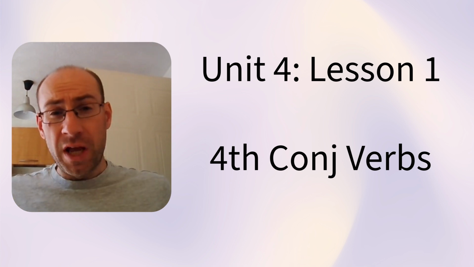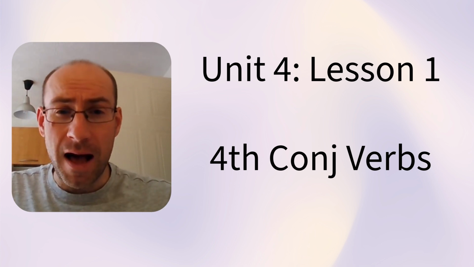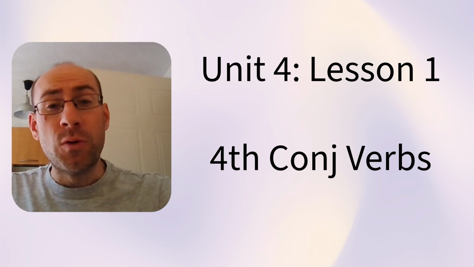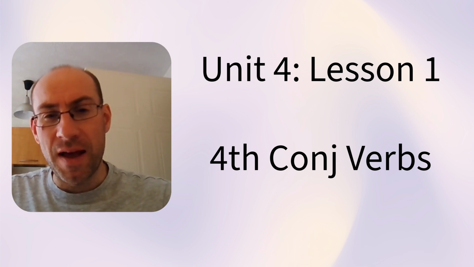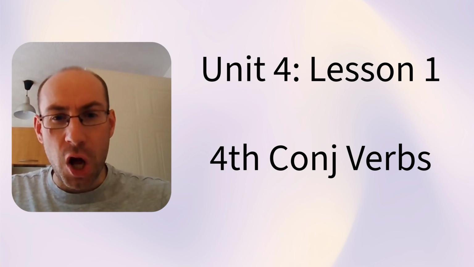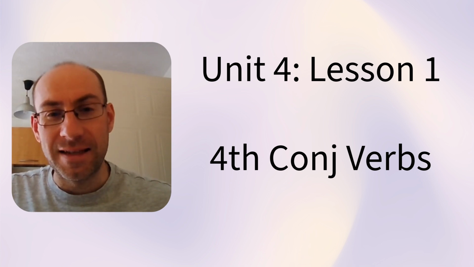So first conjugation verbs have an infinitive ending in are, such as amare, to love, laudare, to praise, salutare. We recognize them by their are, and they have a pattern that goes o, as, at, amus, atis, ant, through the present tense.